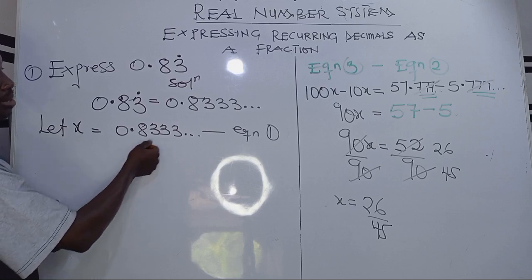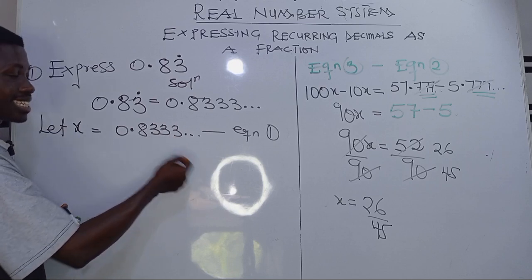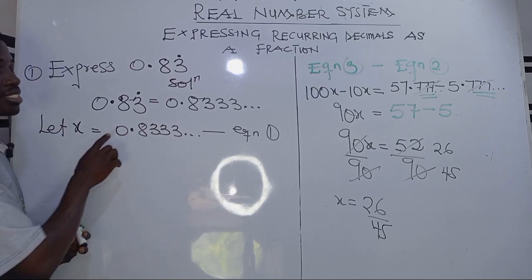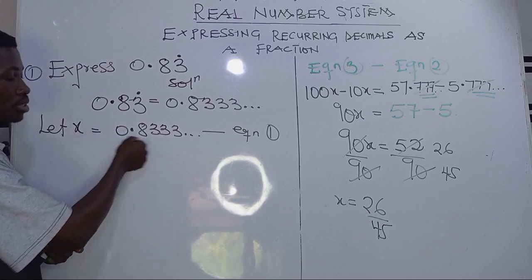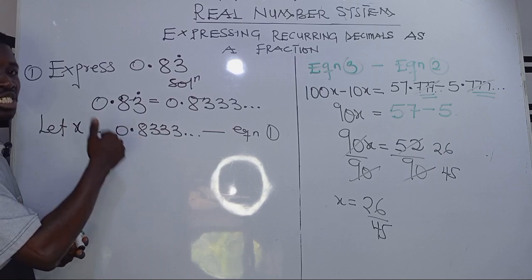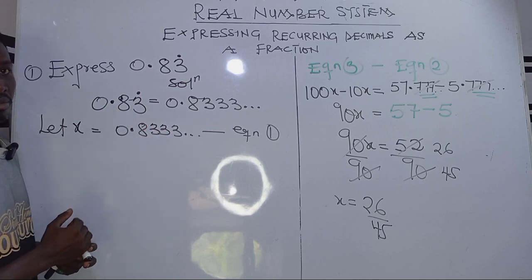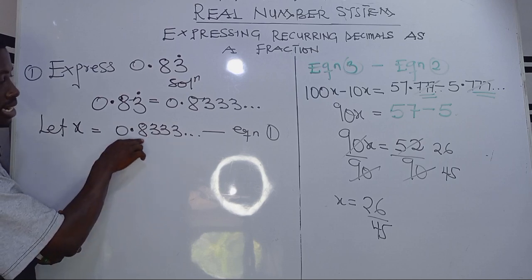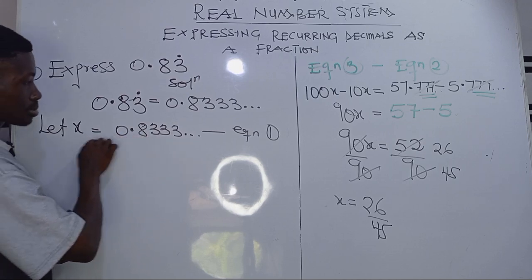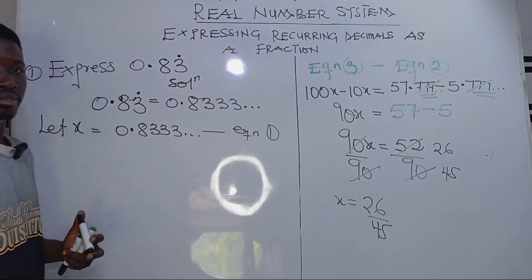Then after that, we look at the numbers behind the decimal point. We can see that the number that repeats infinitely does not come directly after the decimal point. There is a certain number there, and that number is 8. This 8 is not repeating or recurring. Since it is only one digit which is not recurring, and that number is 8, we multiply equation 1 by 10.